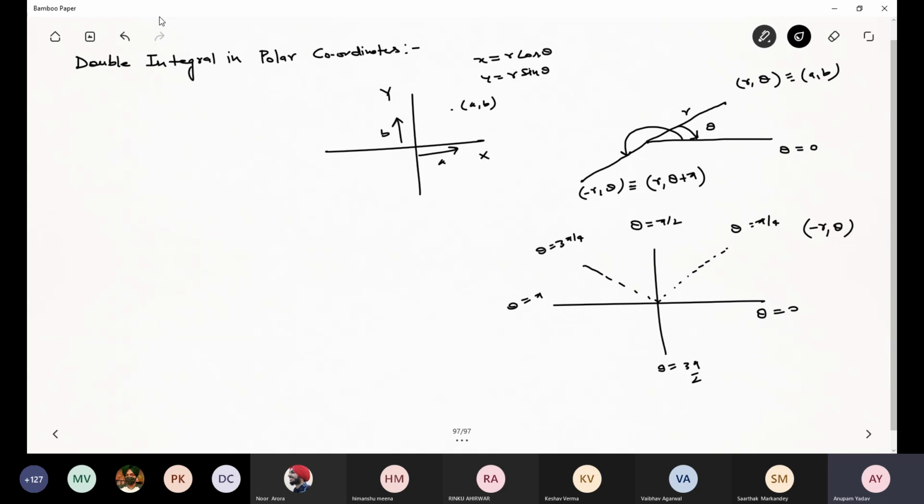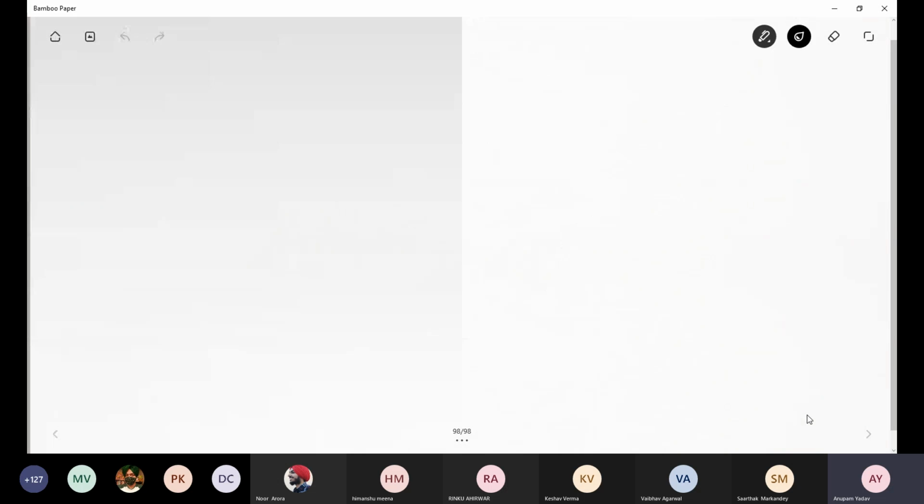Now I'll take an example which we will draw, and that will help us learn how we can draw some curves in polar coordinates. We are going to use the very fundamental idea, the way you have drawn curves in your early classes. Suppose y equals f(x) is given to you.